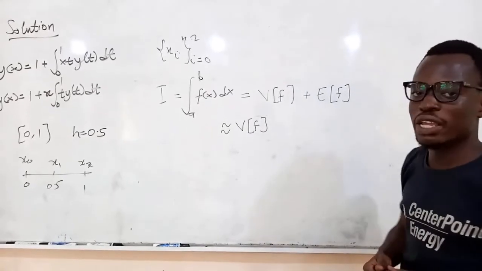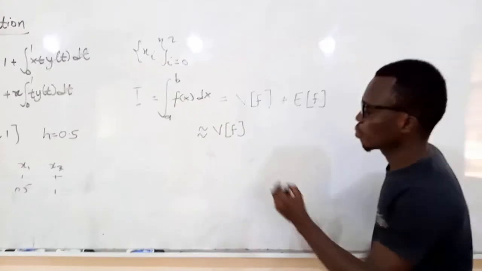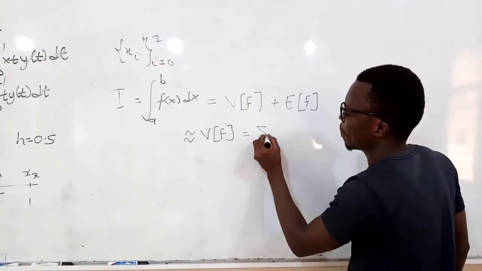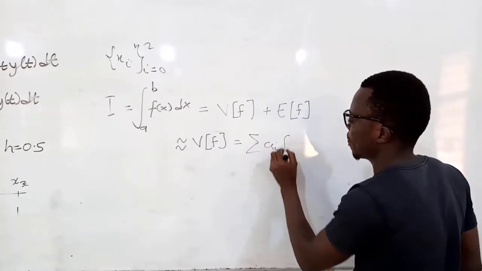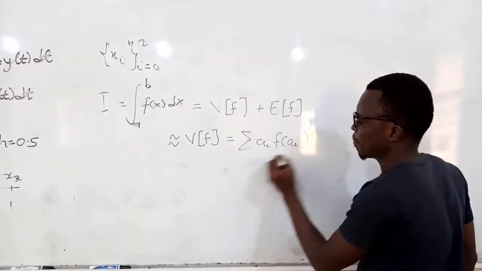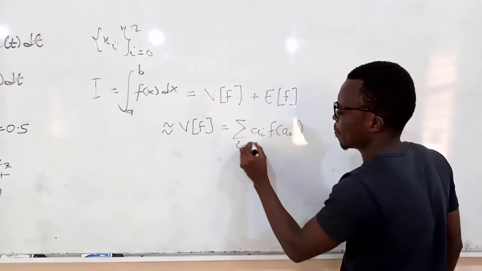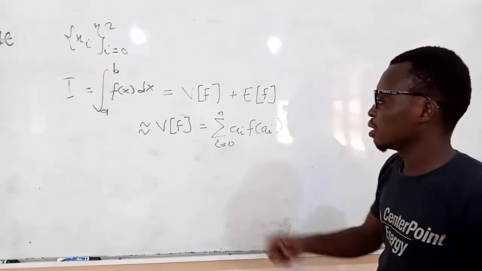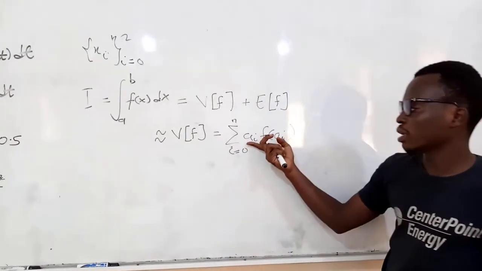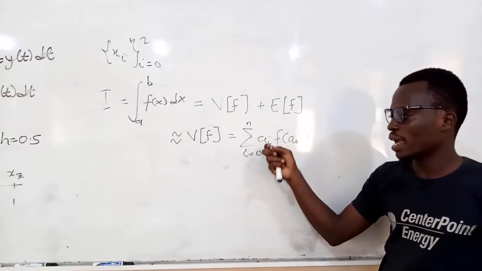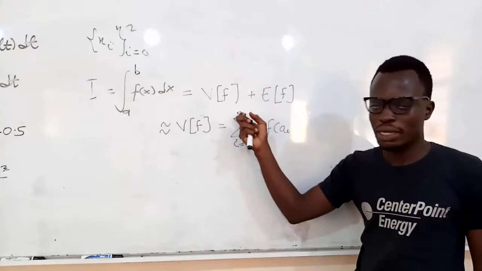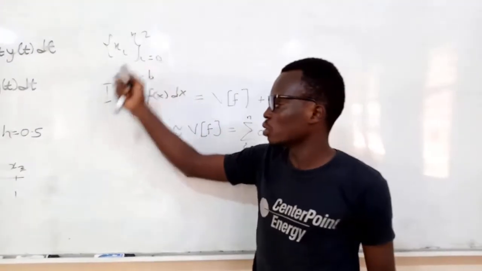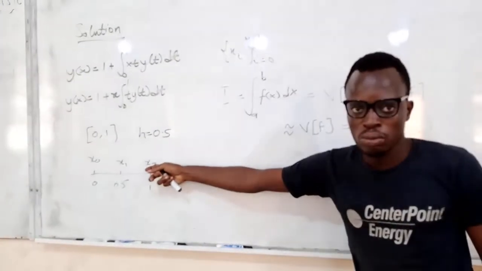And we had our V of f equal to the summation of a i times the functional values, where i runs from 0 to n. But this time around, our n is equal to 2.